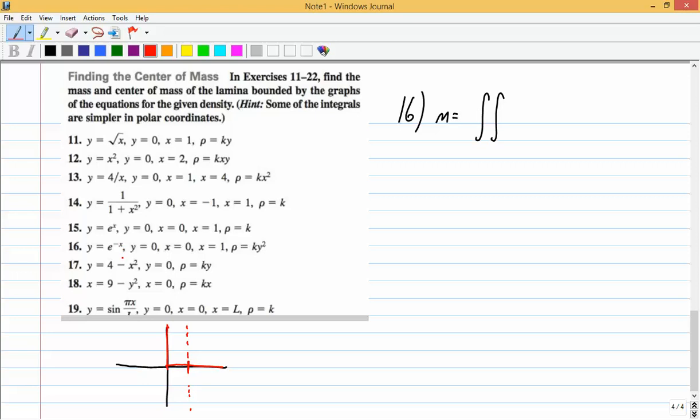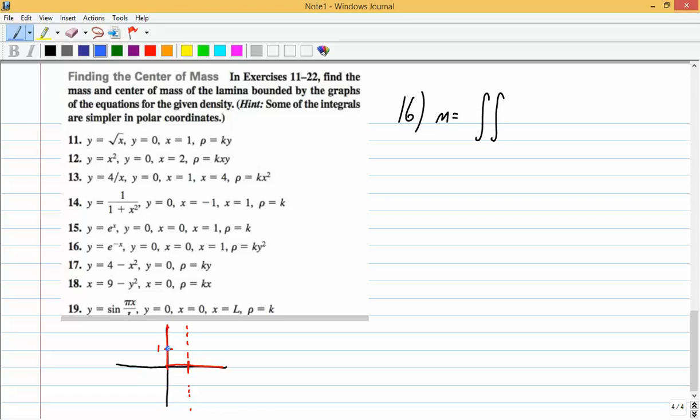So if this is 1 on the y, then what's this graph going to do? If x is 0, y is 1. Let me make it a different color. When x starts to get larger, this starts to get smaller and approach 0. Right?